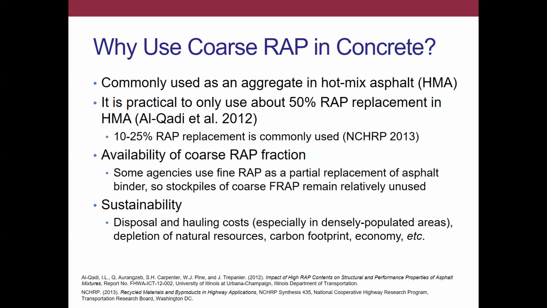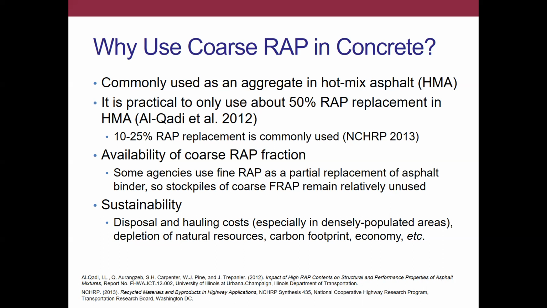Now, one of the reasons why there is so much RAP, and particularly the coarse fraction, is that it's not feasible to recycle 100% of the aggregate in a new asphalt pavement or hot mix asphalt. The mixture properties just are not suitable for long-term performance.